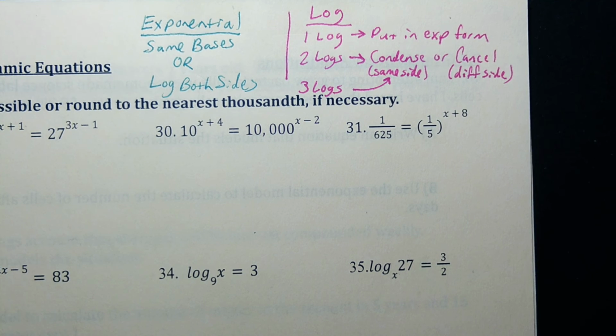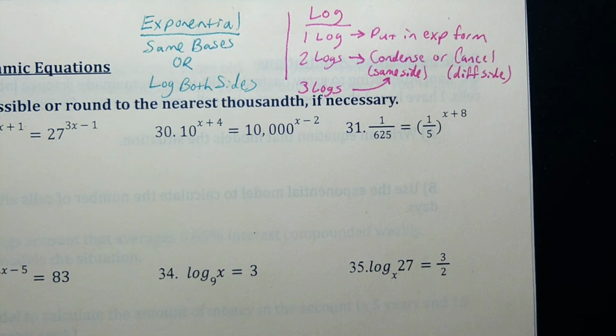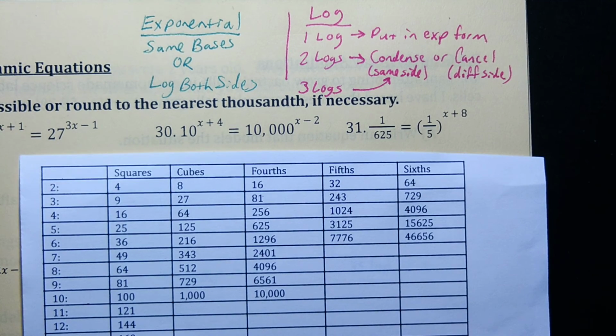So walking through number 31, I just want to see what you guys can do with that as far as trying to get those to be the same base. Here's the perfect sheet.